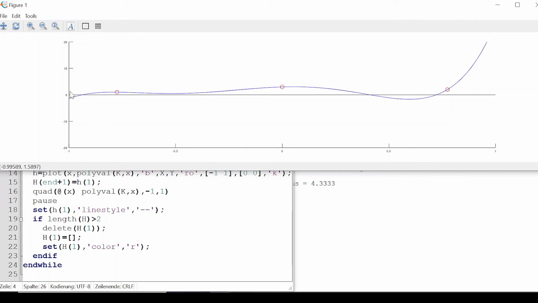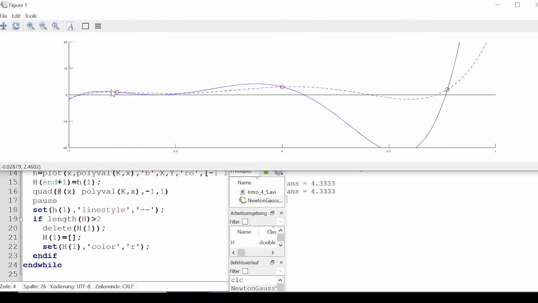Okay, the area between the x-axis and the function here is 4.333. If I'm choosing this polynomial, it also interpolates these 3 points.